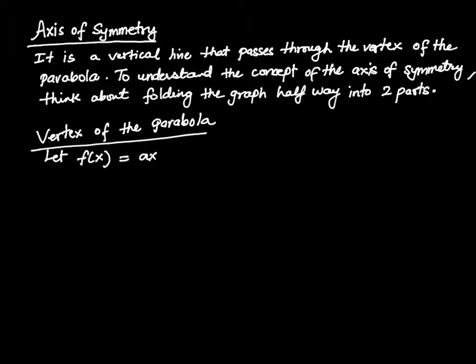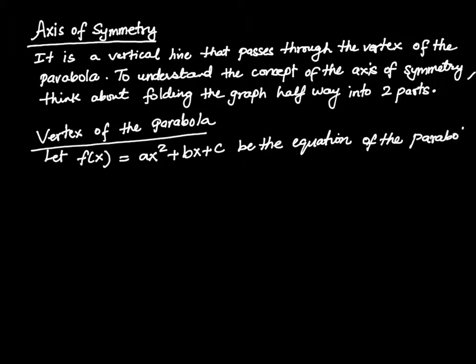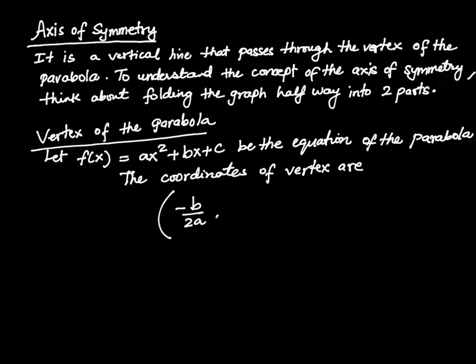If the function f of x is ax squared plus bx plus c, the coordinates of the vertex are given by the formula negative b over 2a and then f of negative b over 2a.